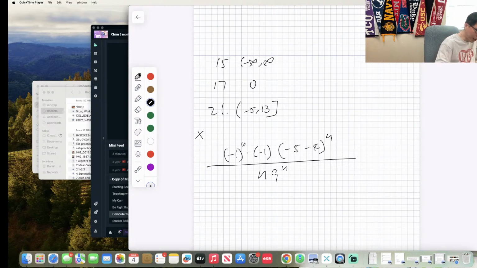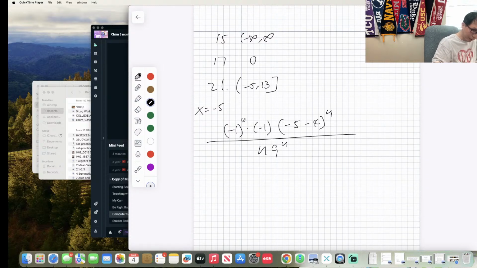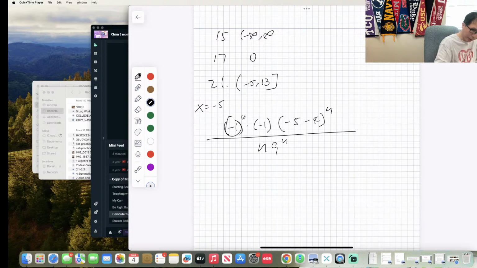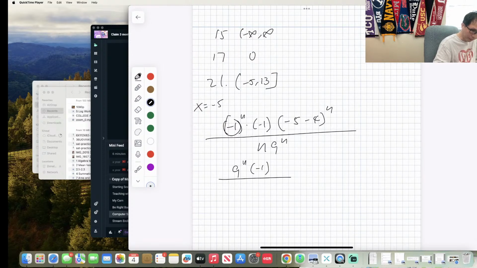So when x is equal to negative 5, in this particular situation, you're going to have negative 1 times negative 9, that's positive 9 to the n, right? Actually, yeah, 9 to the n times negative 1 over n times 9 to the n.